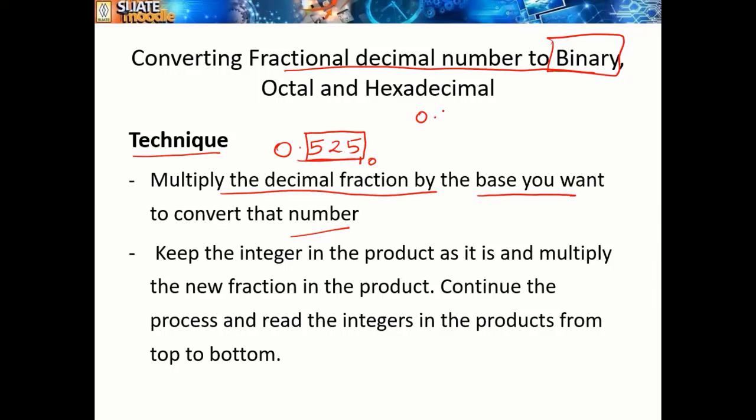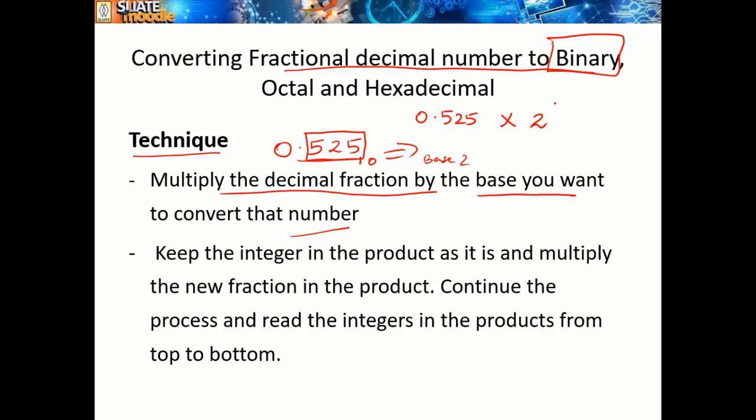So 0.525 multiplied by the base you want to convert to. We want to convert to base 2, so we multiply by that base, which is 2.